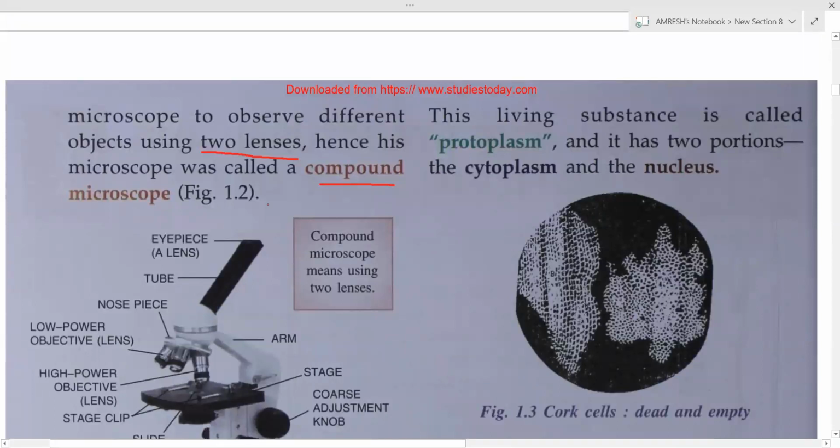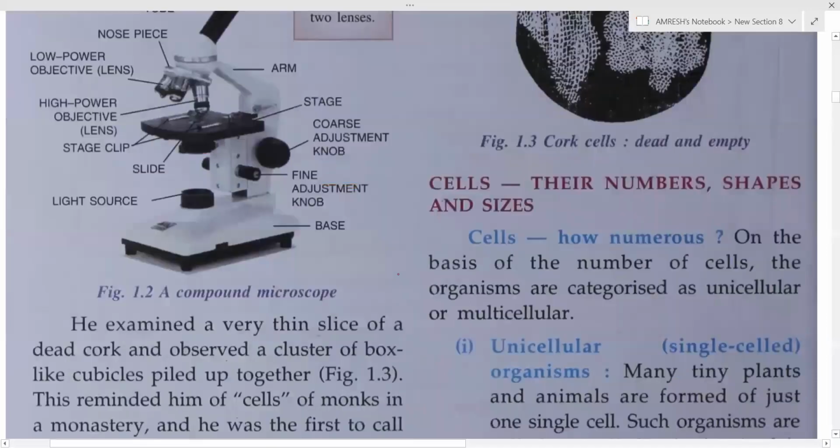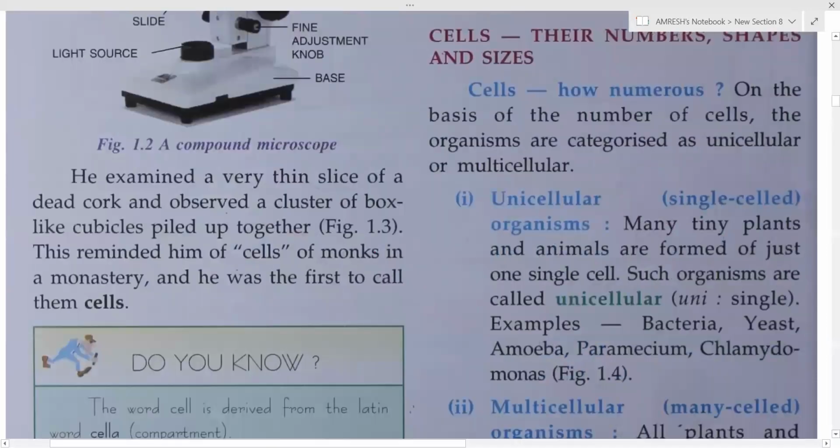He examined a thin slice of a dead cork. Dead cork means, suppose you see the bark of the tree also, we can say. Why is it dead cork? Because it lacked protoplasm. What is protoplasm? We will learn after a few minutes.